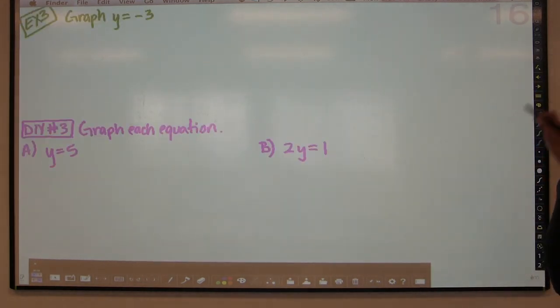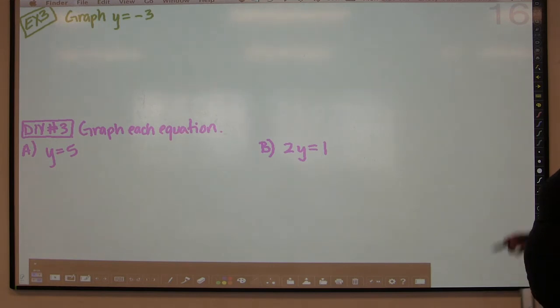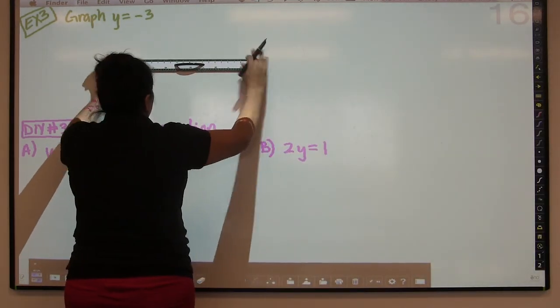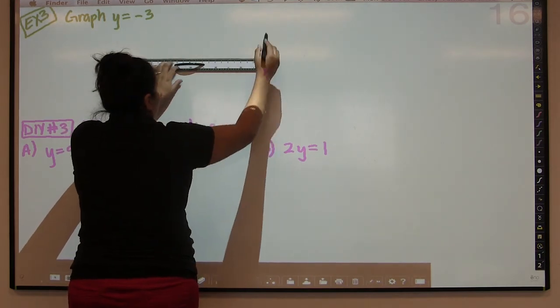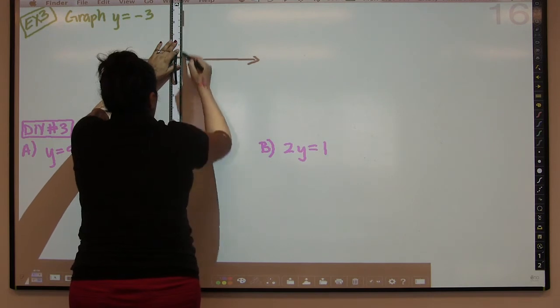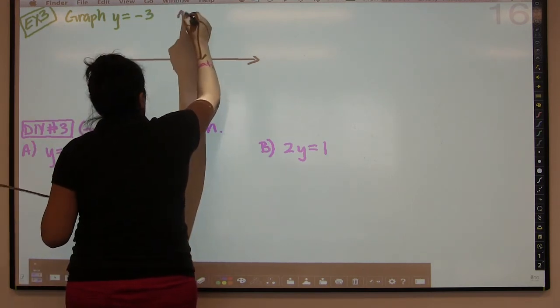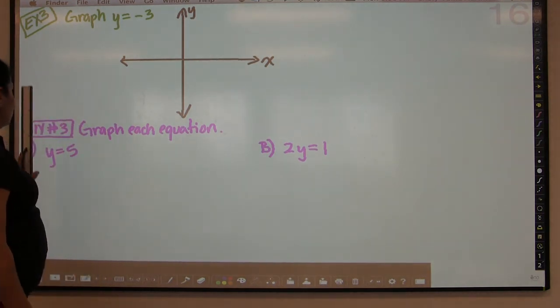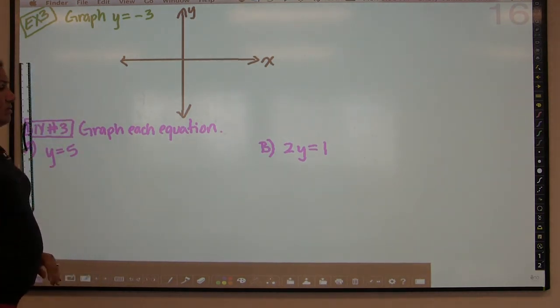So we want to graph these. We have one here that are the easiest things to graph. We want to graph y equals negative 3. And based on what we just said in the previous example, I'm just going to very quickly put my coordinate plane up here. And we know that y equals negative 3 is going to be a horizontal line.